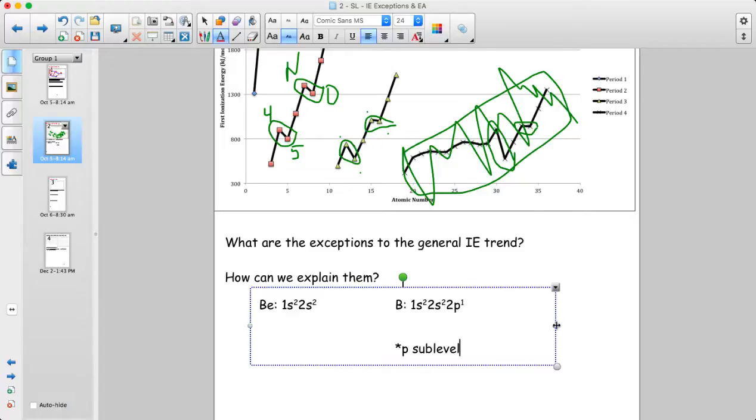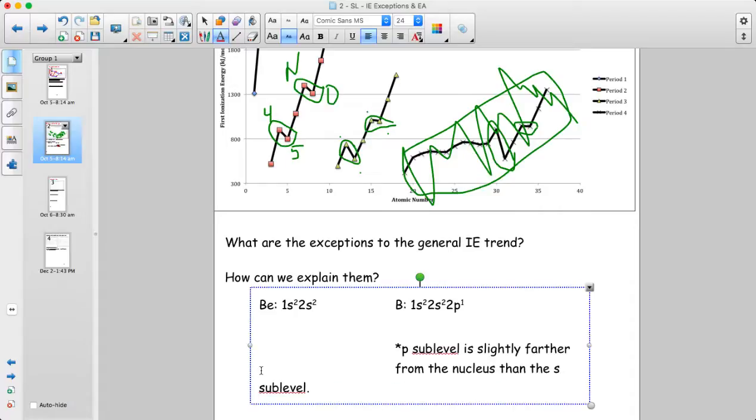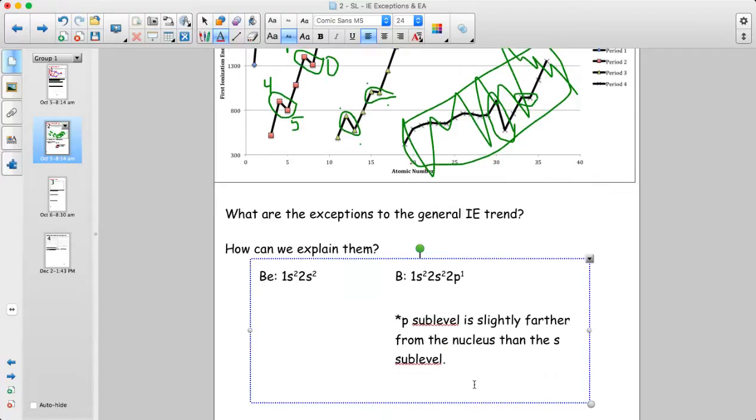The p sublevel is slightly farther from the nucleus than the s sublevel. It's slightly higher energy. On average, the electrons are a little bit farther away in the p sublevel than they are in the s sublevel. And one of the basic rules about attraction and charge is if electrons are farther away from the nucleus, they're going to experience less attraction. So the p sublevel is slightly farther from the nucleus.